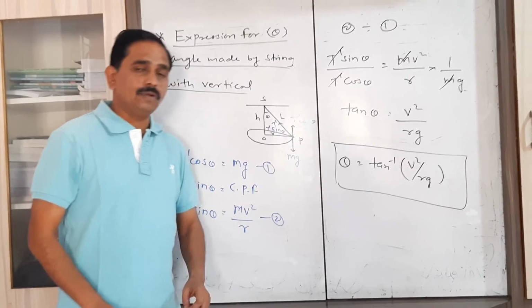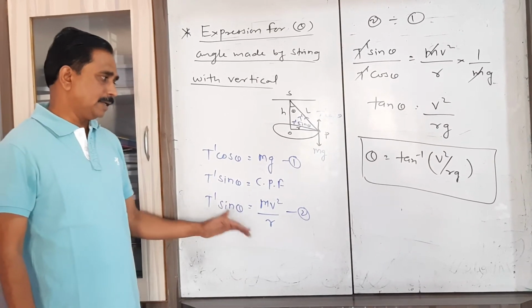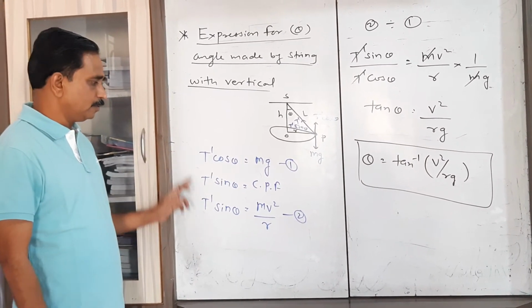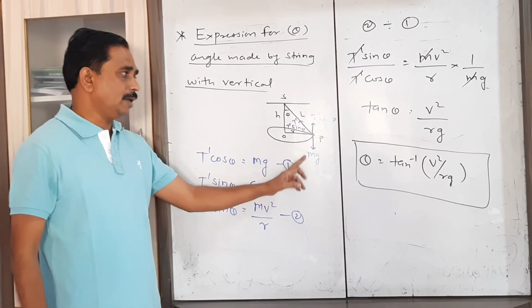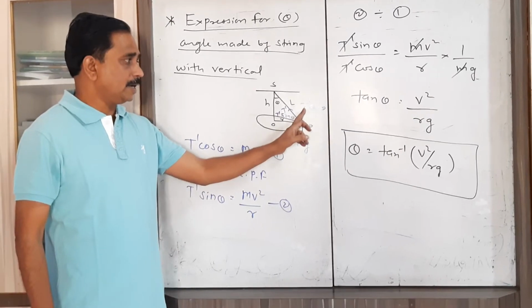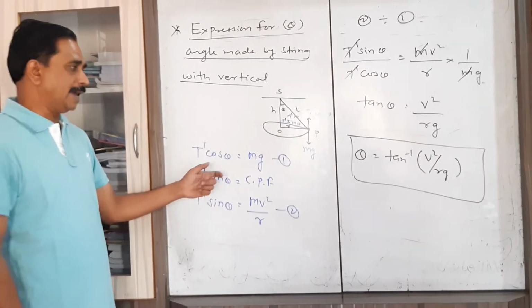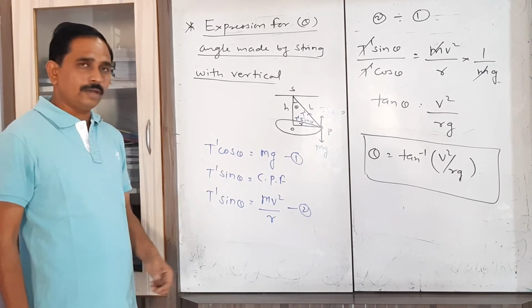So this is the required value of the angle made by the string with the vertical. On that formula, sometimes numericals can be asked, so let us revise it here. From the figure, we derive two equations: the vertical component T' cos theta and mg balance each other, so T' cos theta equal to mg.